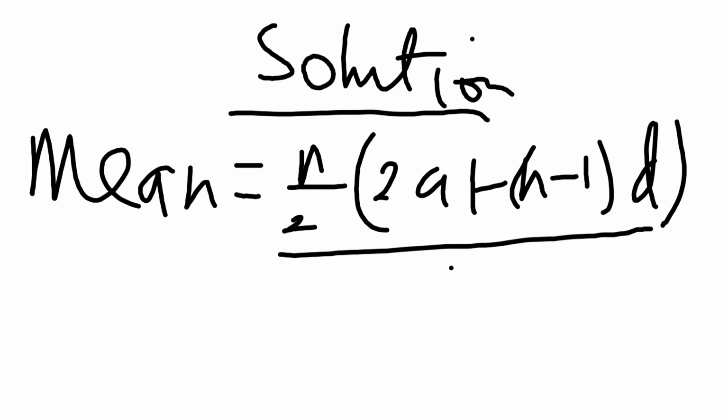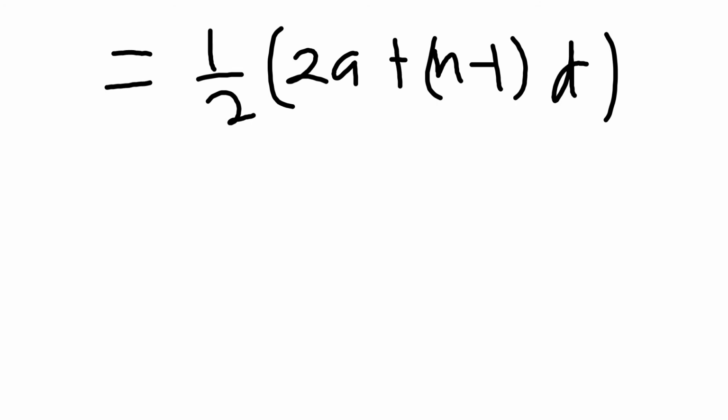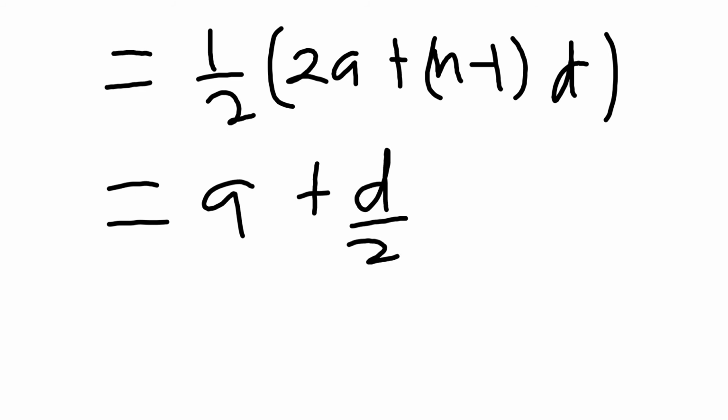So this is better now. Because n will cancel out n, and we push in the half, we have a plus d over 2 into n minus 1. So what we just need to do now is to substitute directly.